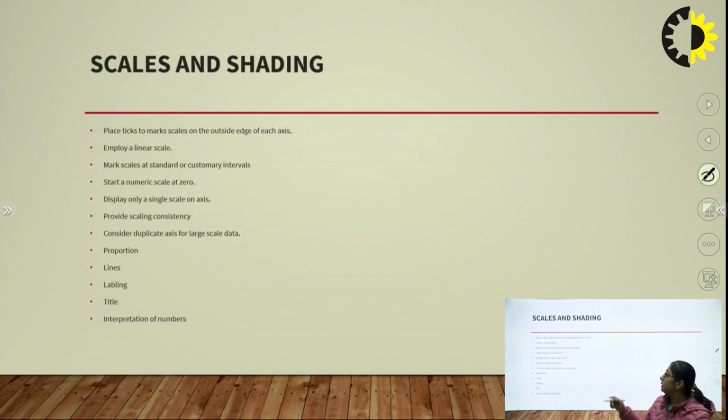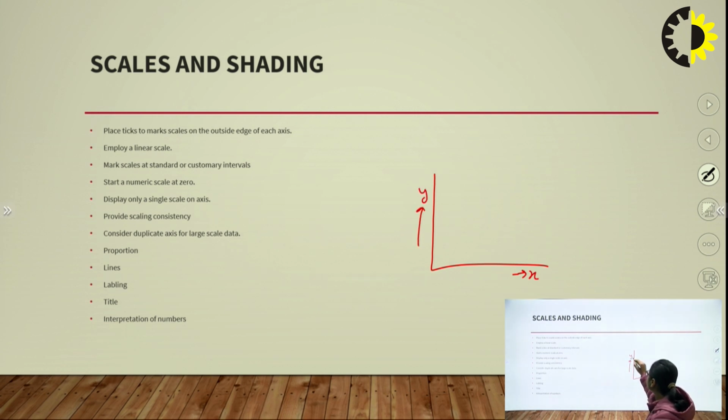The first is to place ticks to mark the scale on the outside edge of every axis. Whatever axes we take, we have to scale them. Suppose this is the x axis and this is the y axis. The x axis represents, suppose, the number of months, and here we do the scaling, and this is the items sold during the year.